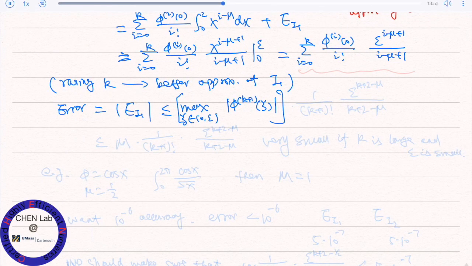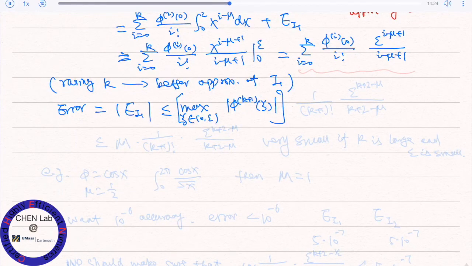Once you are given a function phi, you can compute or estimate this upper bound. It is the largest possible value of the k plus 1 derivative of this function. Obviously, for the example where phi is 1, you get 0. When phi is 1, we get an exact answer. For different phi, as long as you can find an upper bound of the k plus 1 derivative on that interval.